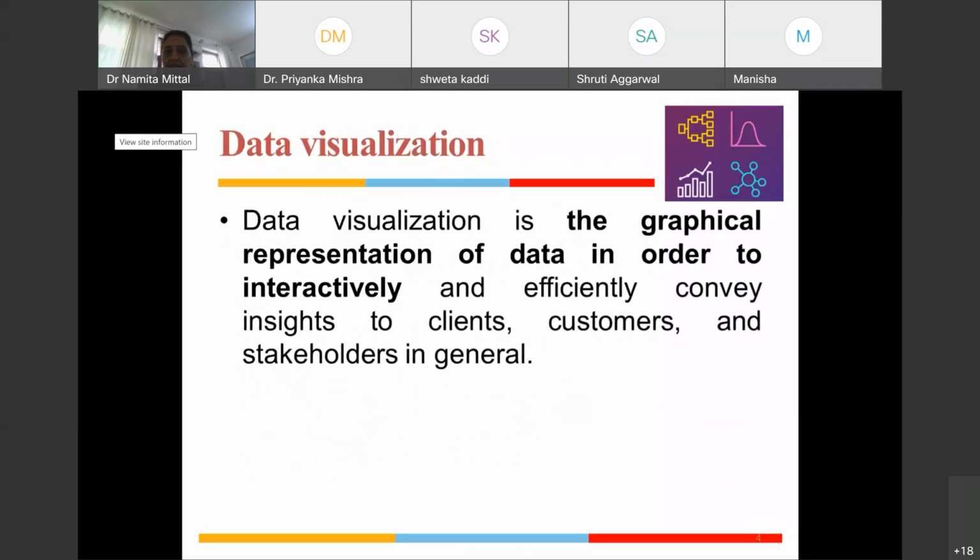If I summarize it, it is the graphical representation of data in order to interactively and efficiently convey insights to the clients. Interactively, it should be convenient for the user. I'm taking this from the business point of view.